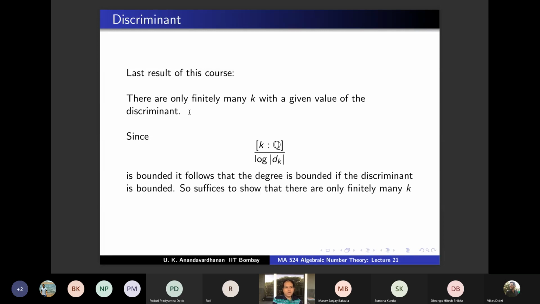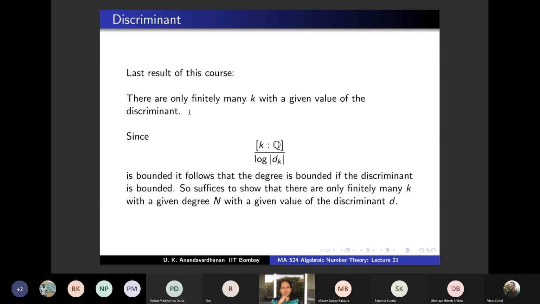Okay, but you have already given me a value, and I have to show that only finitely many fields will have it, and it's enough to show that there are only finitely many K with a given degree n and with a given value of the discriminant. Because if the discriminant value is given to me, then the degree is bounded. So it's enough to show it with a given degree.